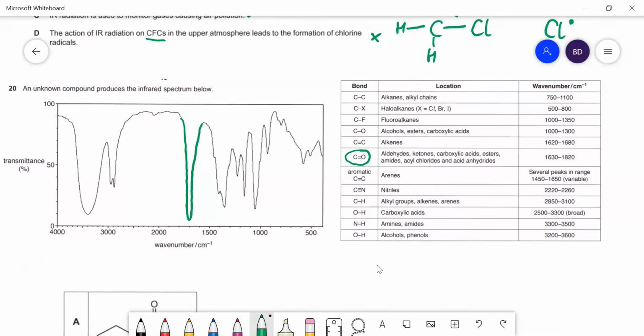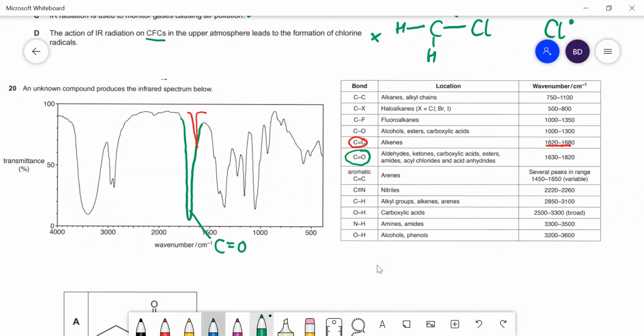You have to be a little bit careful because it is quite close to the alkene value, but it's just a little bit too high. That's on 1700, and look, that's a bit less than 1700. Another thing, the alkene, when you see it, is always much sharper and not as deep. That also gives it away. That is definitely a carbonyl from its shape and from its position in the spectrum.